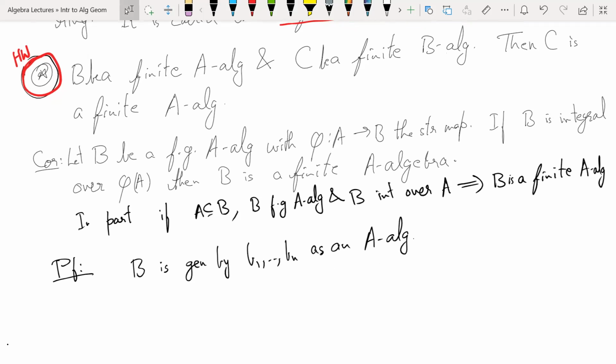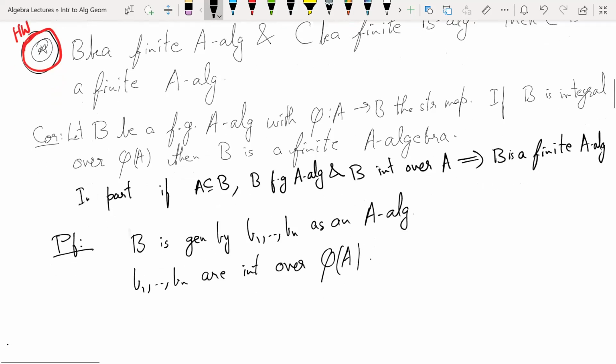So B is generated by b1 to bn as an A-algebra, and b1 to bn are integral over phi(A) by hypothesis, because B itself is integral over phi(A). So every element in B is integral over phi(A).